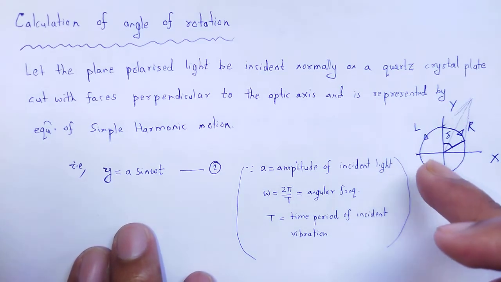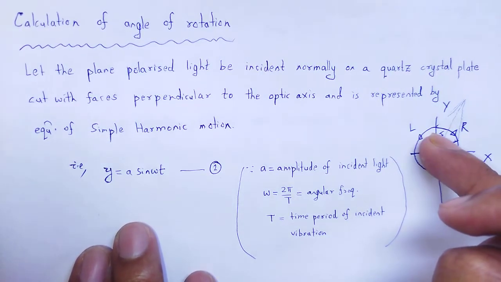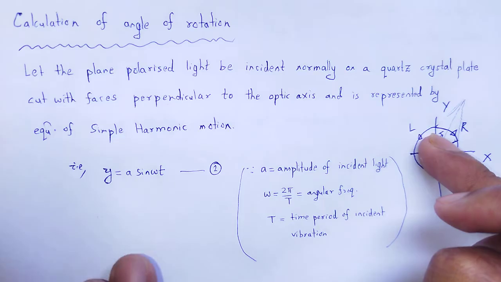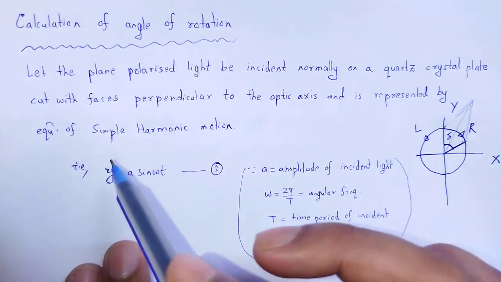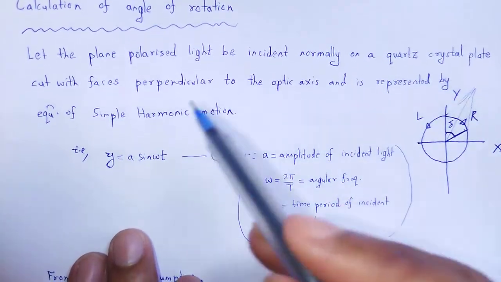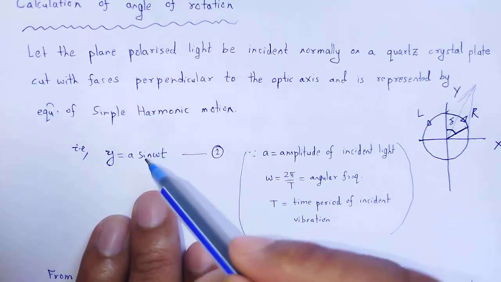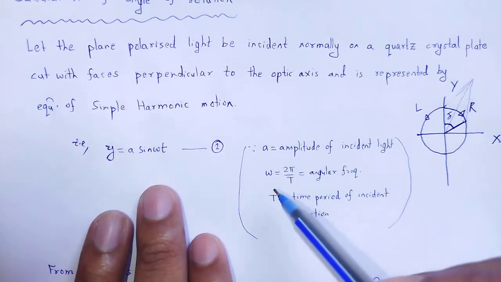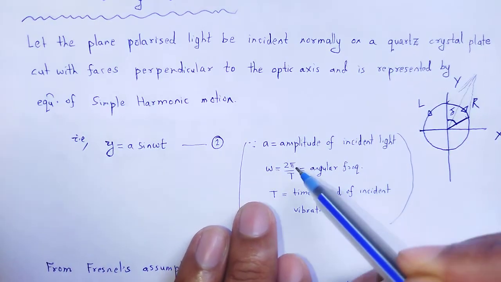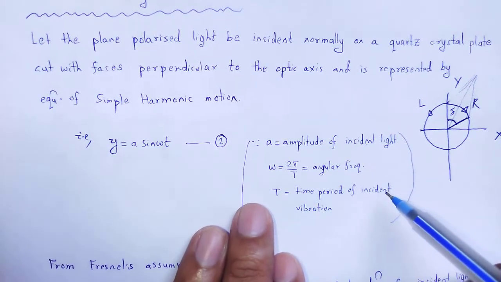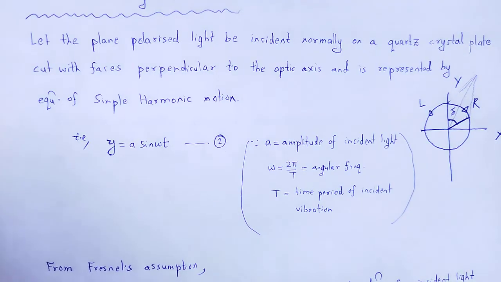So, that plane polarized light is now expressed as the equation of simple harmonic motion. So, y is equal to a sin omega t, where a is the amplitude of the incident light, omega is the angular frequency which is 2 pi by T, T is the time period of the incident vibration.